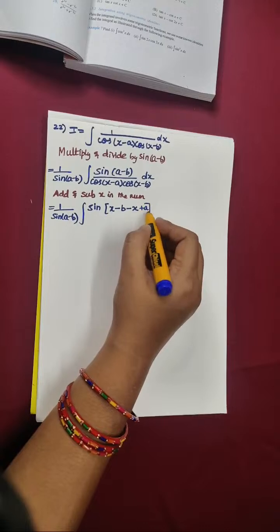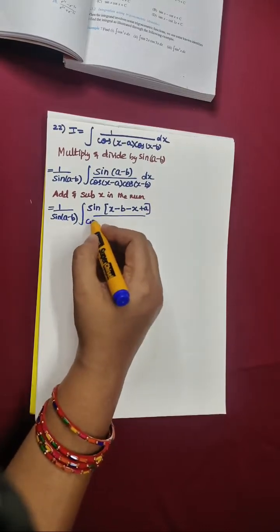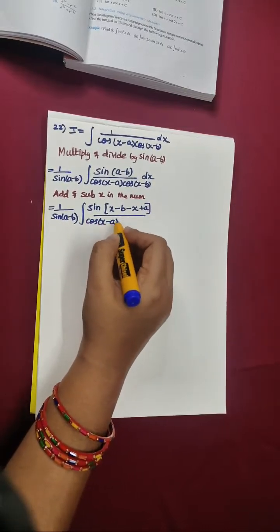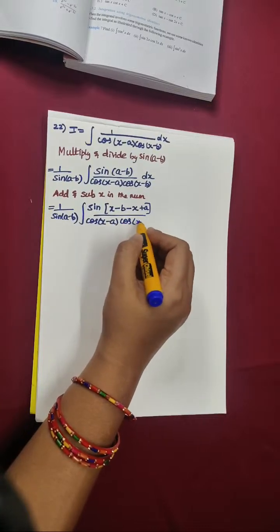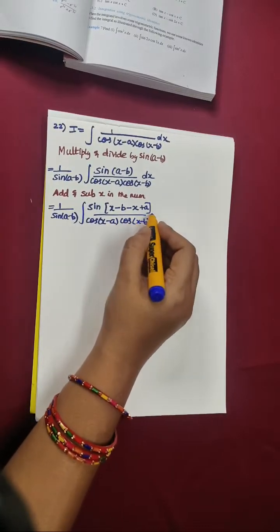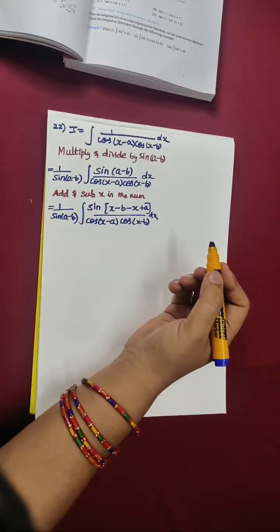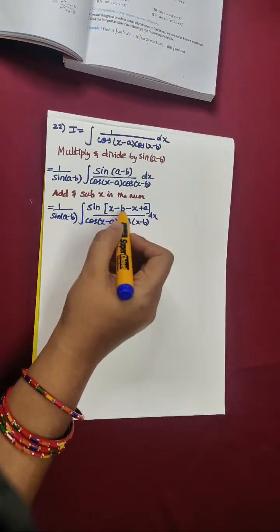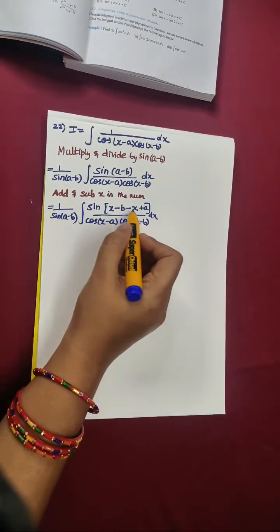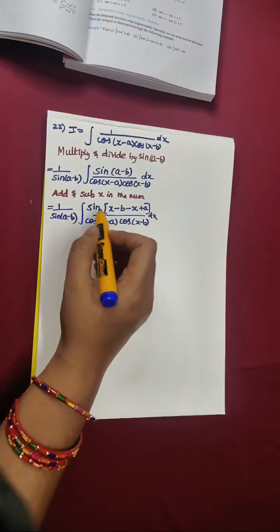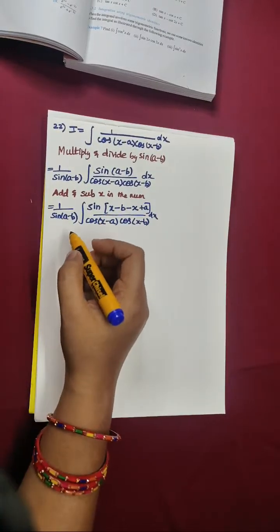I'm writing it last so that it is easy for us to combine. In the denominator, both the x are positive and a and b are negative. So combining the first two will be easy, and for the next two, take minus as common.